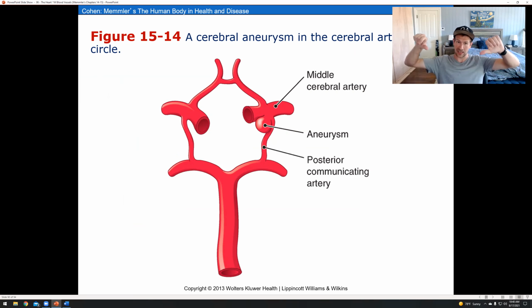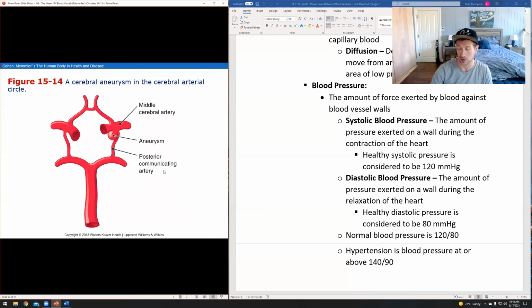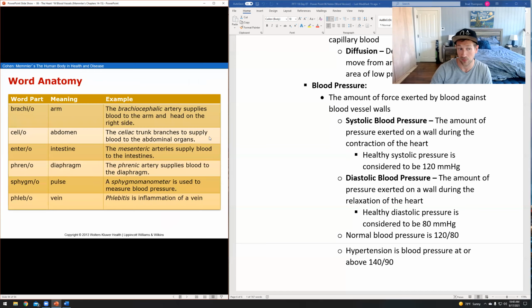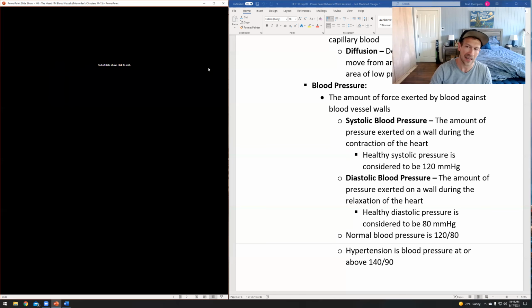Picture if you've ever taken a balloon and you've been running water through it and you squeeze one side, it starts to build up and expand in that one other section, right? That's what we call an aneurysm. And if that bursts, well, then all of a sudden you cannot maintain blood pressure. And it's often the end of things. Varicose veins, like I said, that's the stretching out of those blood vessels, those veins in particular. There's a lot of diseases of blood vessels. We'll be looking at those next mod, much more in depth.